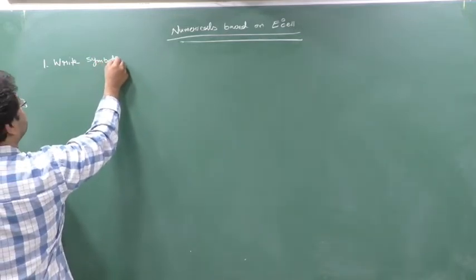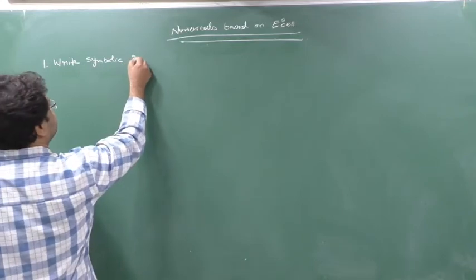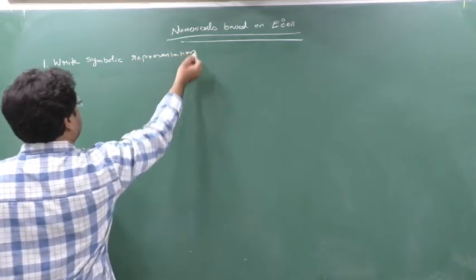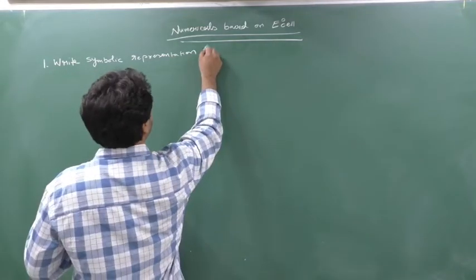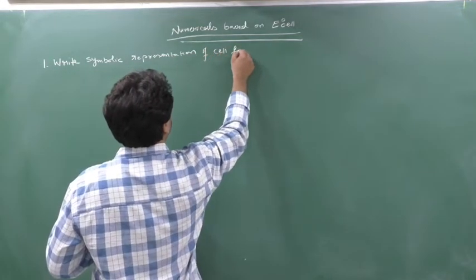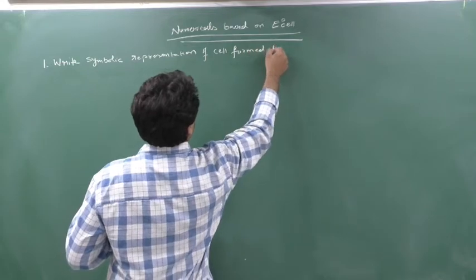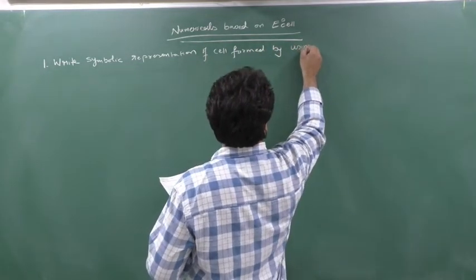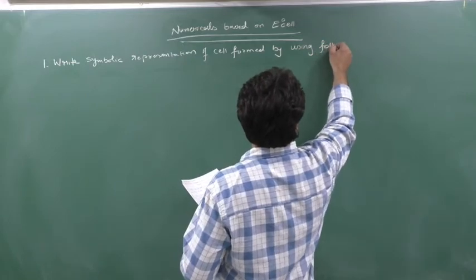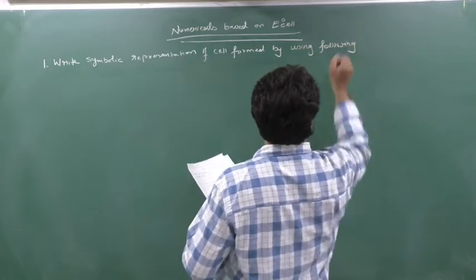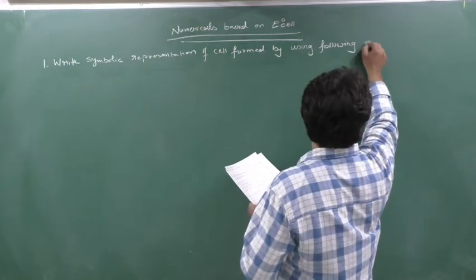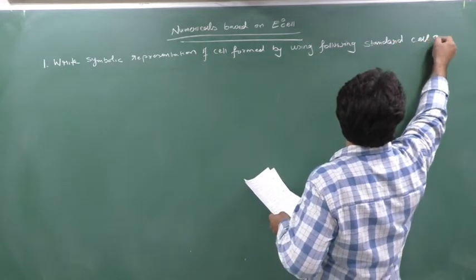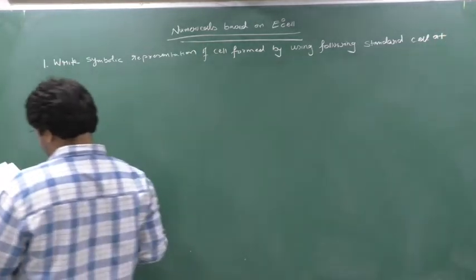Write the symbolic representation of the cell formed by using the following standard cell at 298 Kelvin.